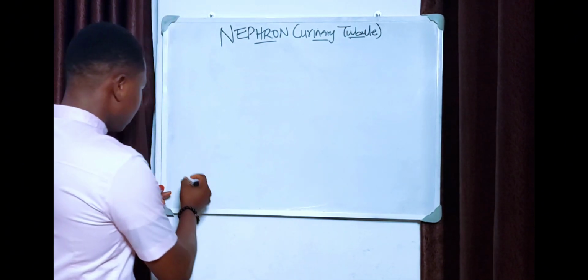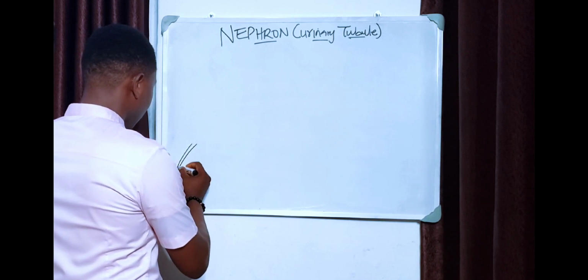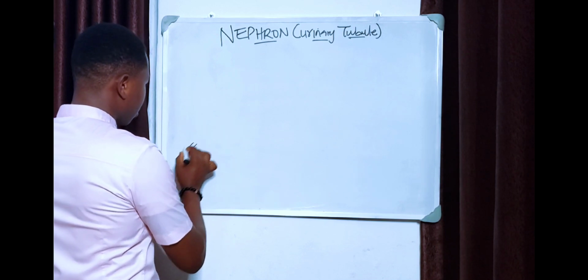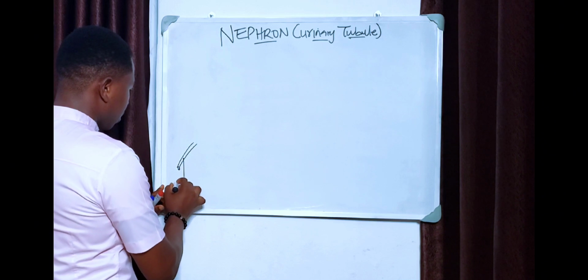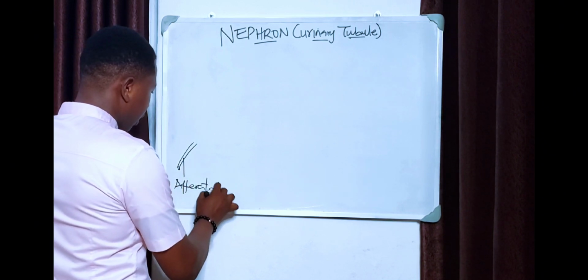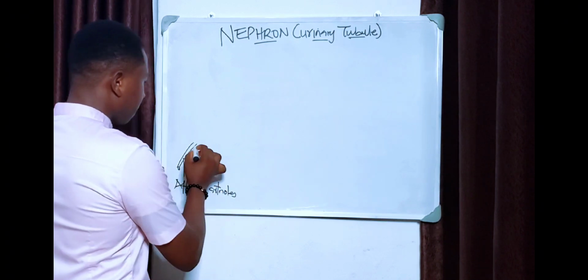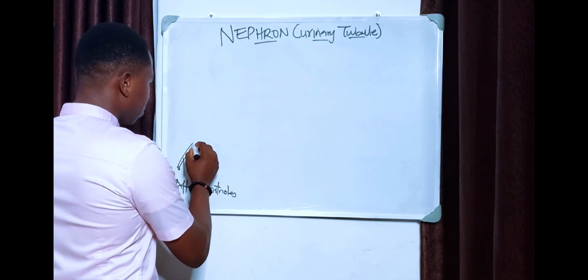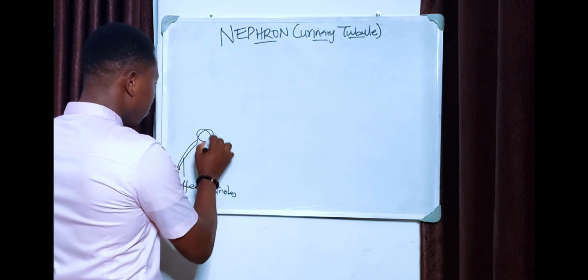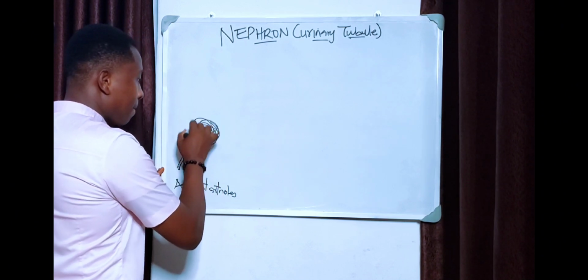So let's assume this is the blood vessel called the afferent arterioles, all right? So it moves and forms a ball-like structure, a ball-like mass.